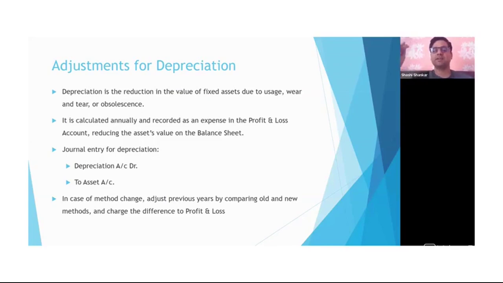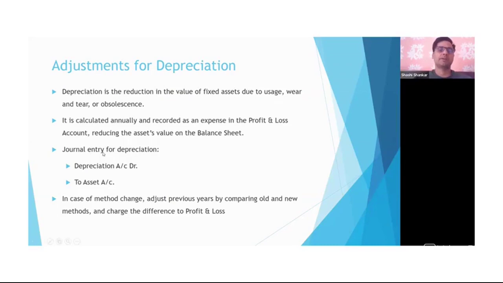In the profit and loss account it is an expense on the debit side, and in the balance sheet it reduces the asset value. So the fixed asset value will be reduced.